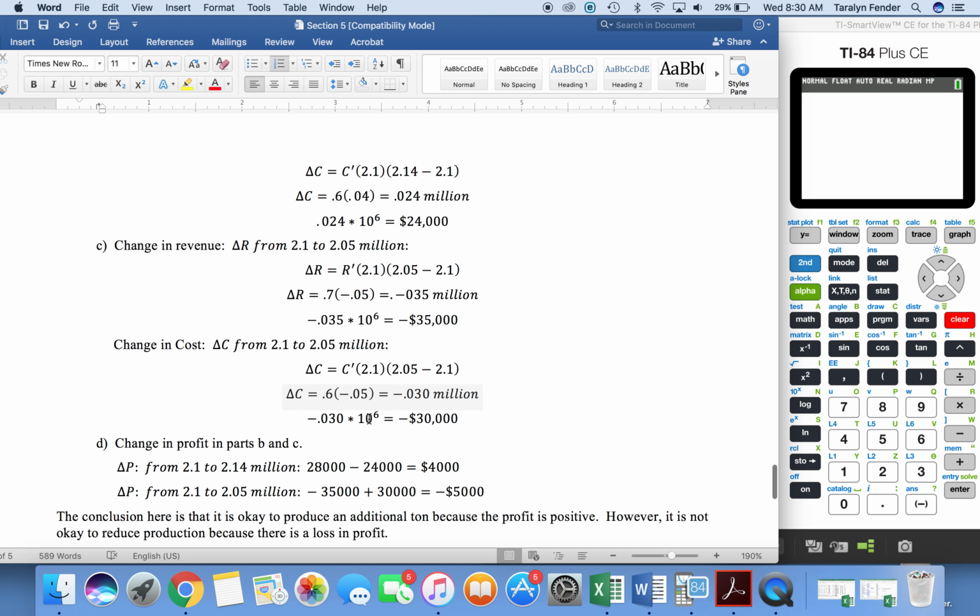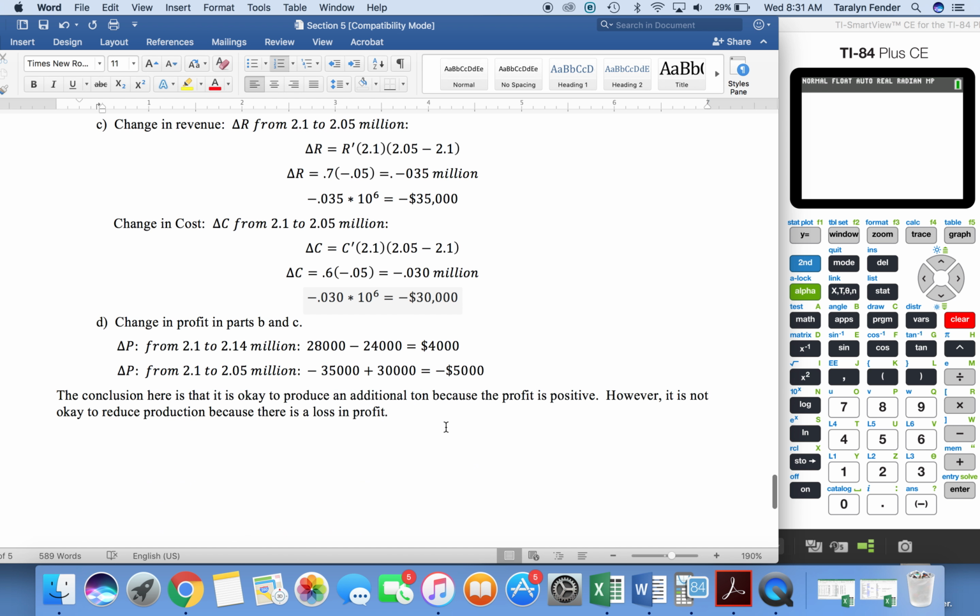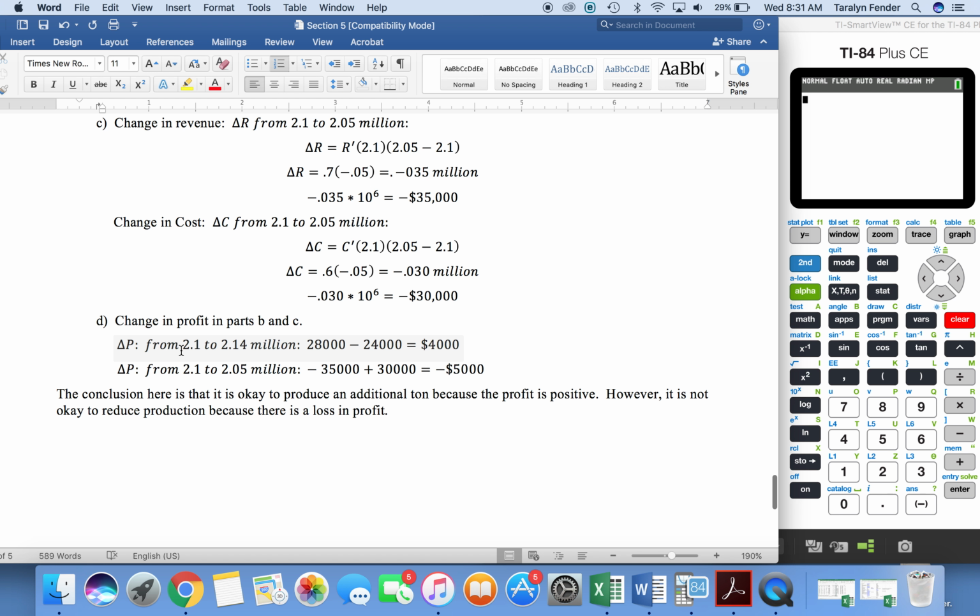Change in cost, we do exactly the same thing. Change in profit, if you go up, it'll be 28,000 minus 24,000, which is a $4,000 increase. If you go down in production, reduce your production level to 2.05 million instead of 2.1 million, it will be a loss of $5,000.